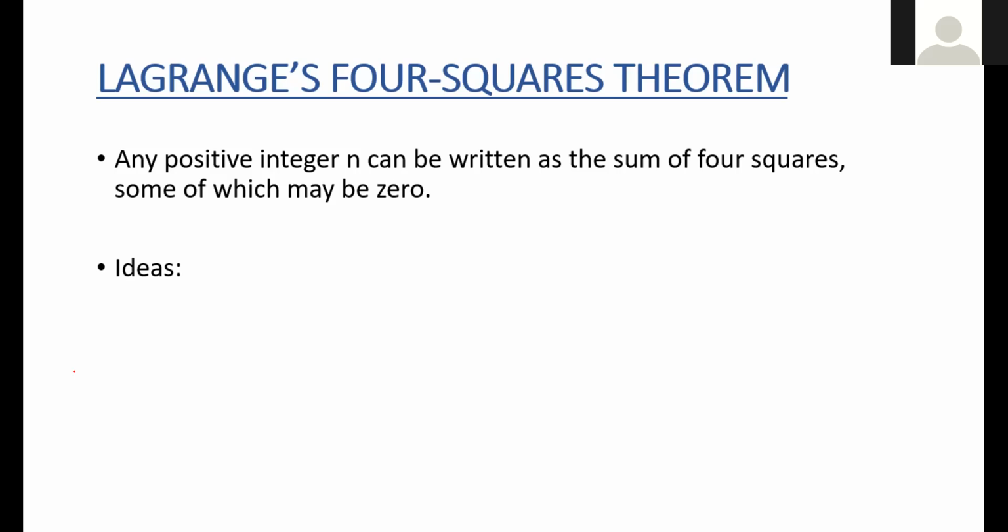If we have a positive integer n and we want to show that it can be expressed as a sum of 4 squares, we know that we can write n as the product of its prime factors.